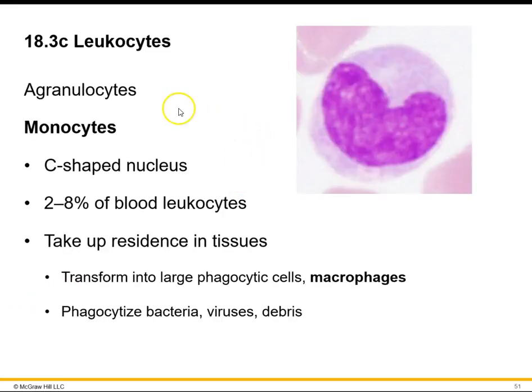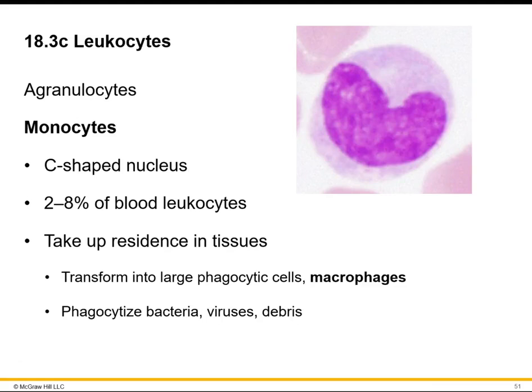All right, now let's talk about the agranulocytes. We'll start with monocytes. You can see a monocyte right here with its C-shaped nucleus. These guys make up about 2 to 8% of the white blood cells in the blood. And what they do is ultimately they're going to leave the bloodstream. And in doing so, they're going to transform into these large phagocytic cells called macrophages.